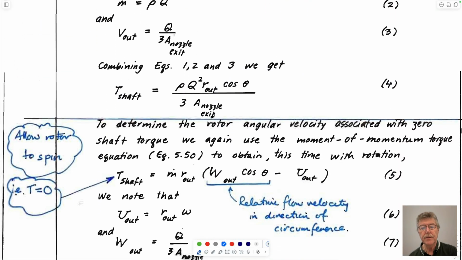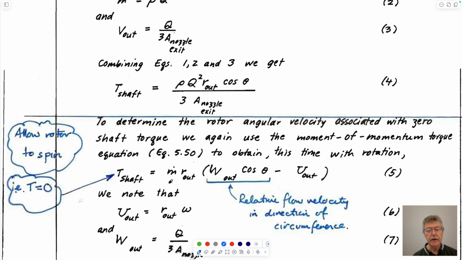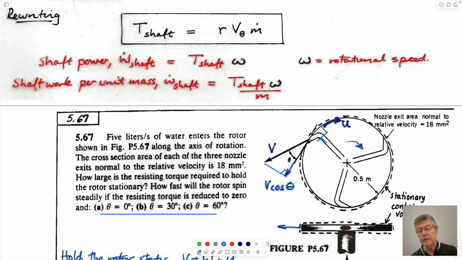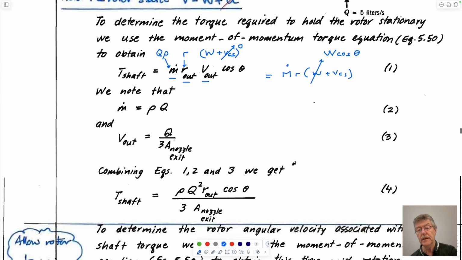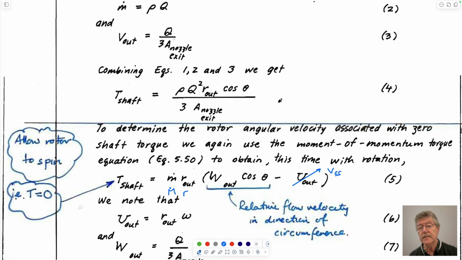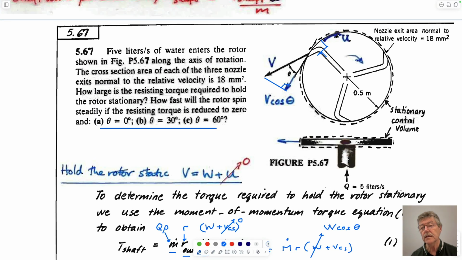And so if we wrote this out, this is equal to our uppercase m dot. This is our r. This is our W cosine theta, to take care of the fact that the angle has to be the magnitude of the vector acting in the x direction or tangential to the volume. And then this is our VCS. And the reason there's a negative sign here is in this example, they've just defined the velocity for this as being in the opposite direction to our positive, right?